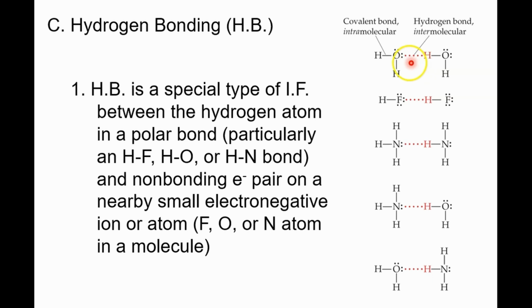So over here, these red dots depict a force acting between these two water molecules. Here's a force acting between two molecules of hydrogen chloride. Here's a force acting between two molecules of ammonia. But now we see ammonia and water hydrogen bonding, and that is what hydrogen bonding is.